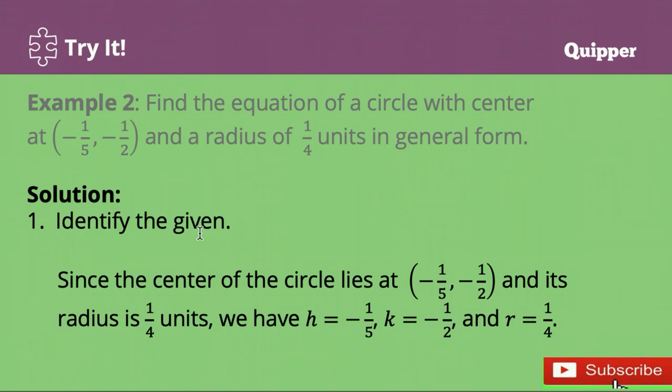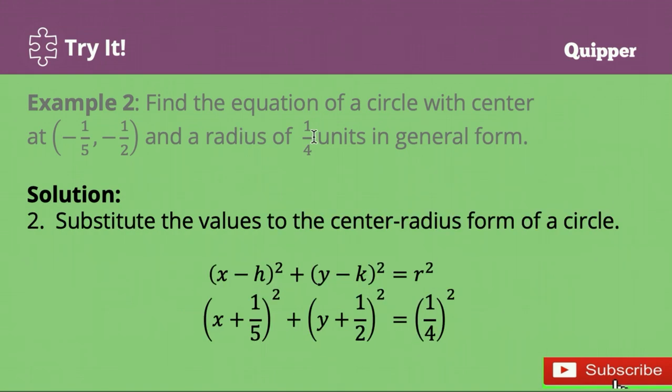Since the center of the circle lies at (-1/5, -1/2) and its radius is 1/4, we have the value of h is -1/5, the value of k is -1/2, and r is 1/4. Use these values to substitute to the center radius form of the circle.